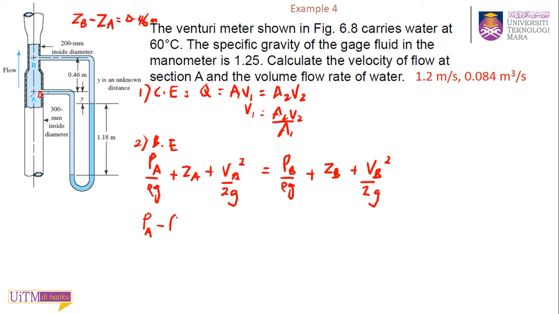PA minus PB over rho G. You bring your PB to the other side, equal to VB squared minus VA squared over 2G plus ZB minus ZA, and we know ZB minus ZA is 0.46. ZA you bring to the right hand side, so it will be ZB minus ZA and it's 0.46. So this is your equation.